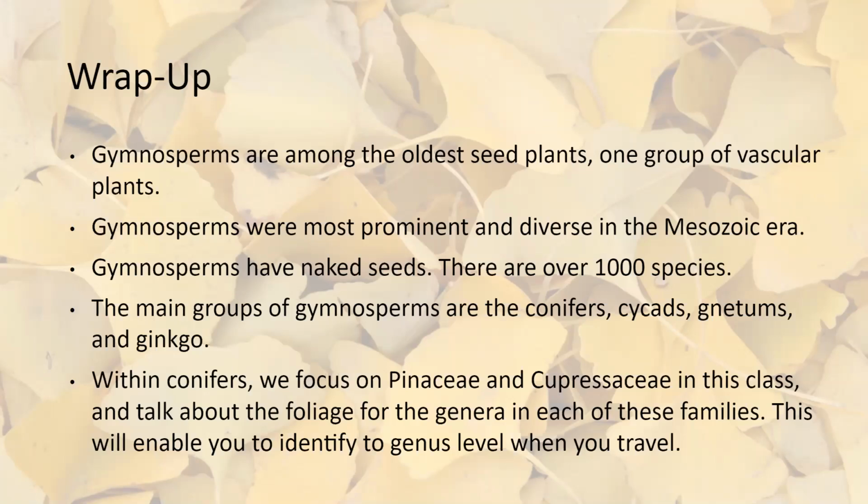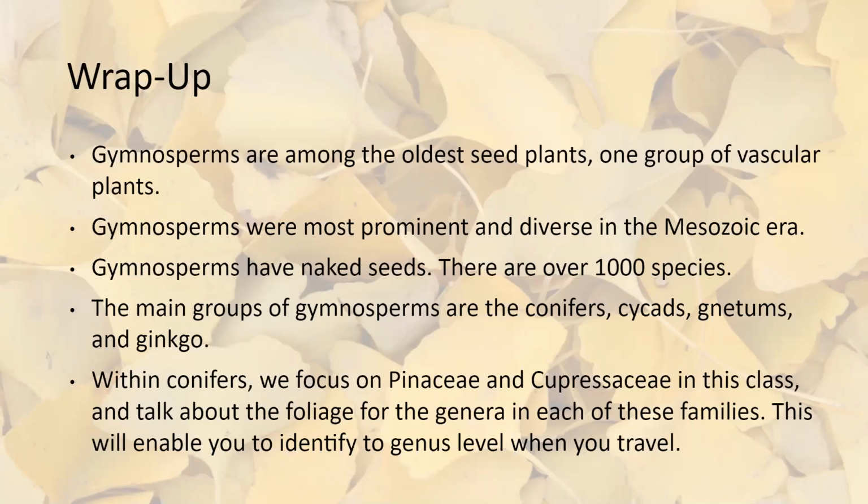There are more than 1,000 species of gymnosperms. Main groups of gymnosperms are conifers, cycads, gnetums, and ginkgo. And you're going to notice in dendrology, within the conifers, we focus on Pinaceae and Cupressaceae in this course, and we talk about foliage for the genera in each of these families.